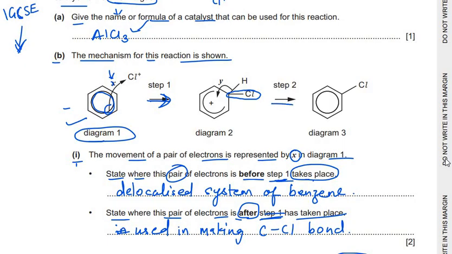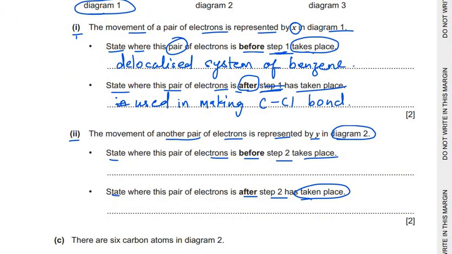Here is step 2, and you can see the pair of electrons shown here, represented by Y. So this pair of electrons before step 2 is in the C-H bond. So you can say that it is present in the C-H bond, that is the carbon-hydrogen bond.